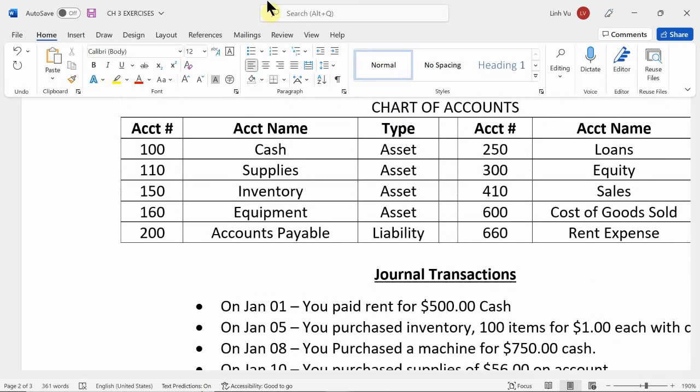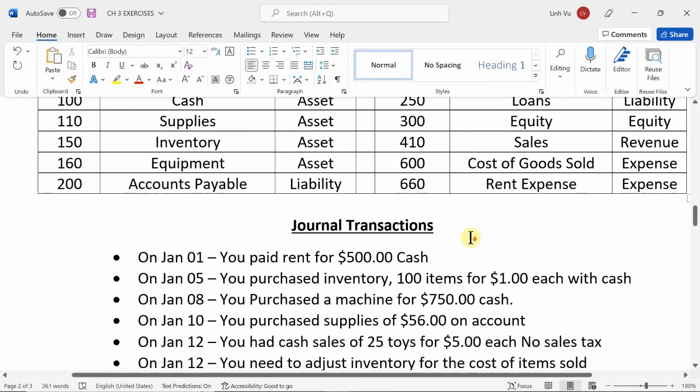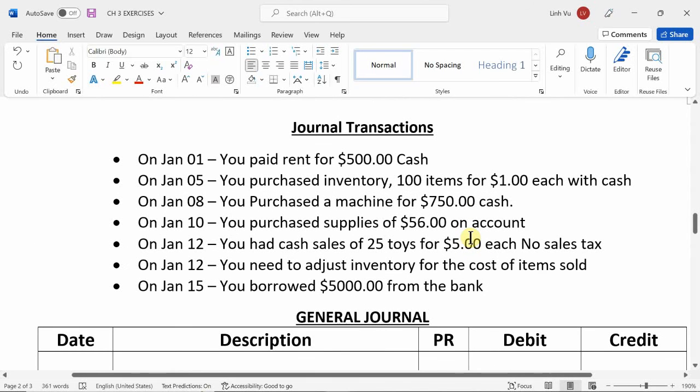I have account numbers to help you practice with your post-reference. Here are the account names and what type they are. This table is sectioned off into 2. Here are the following transactions that you're going to be journalizing.